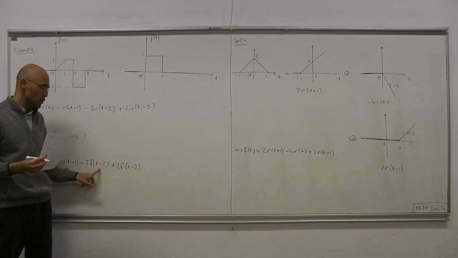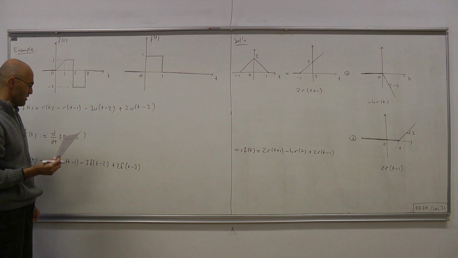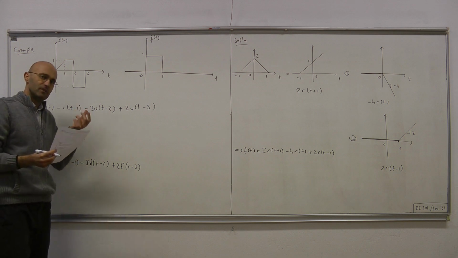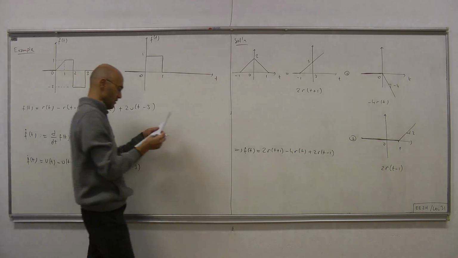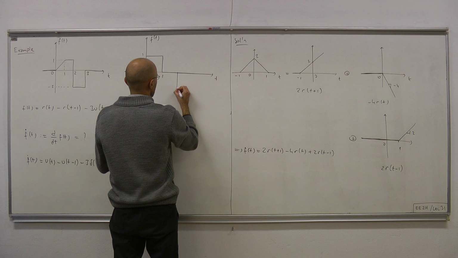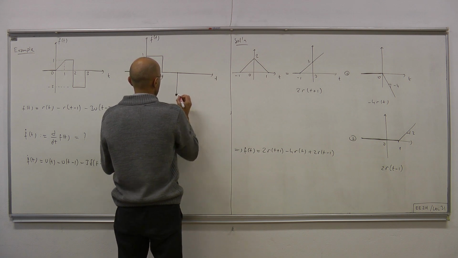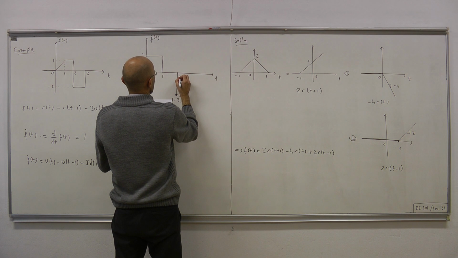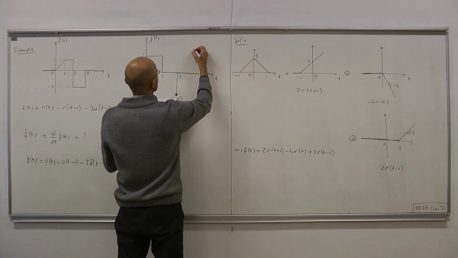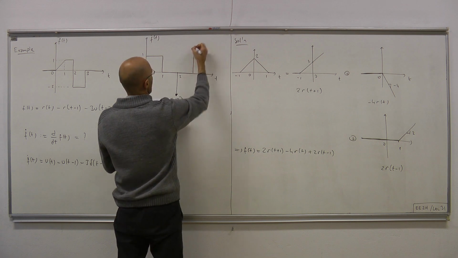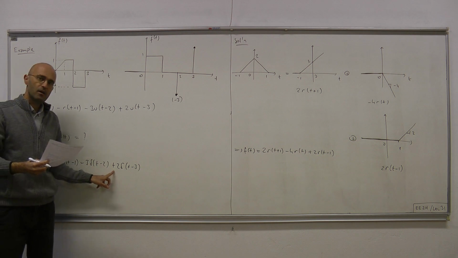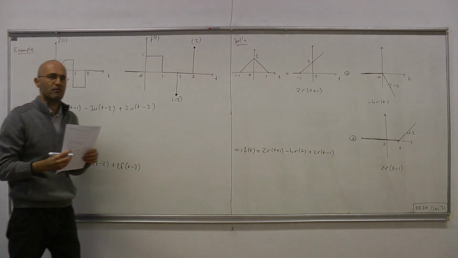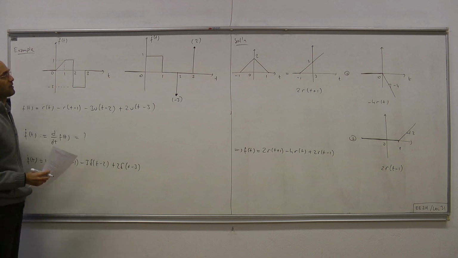Of course, at t equals 2 and t equals 3, there's some impulsive thing going on. At t equals 2, we have an impulse with the resulting integration giving minus 3. Therefore, at t equals 2, we have an arrow pointing down, minus 3, and at 3 we have another impulse. This time the sign is positive and the magnitude is 2. So that would be the graphical representation of this function f dot.